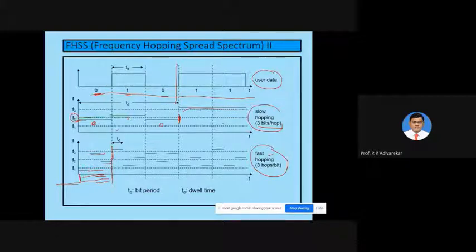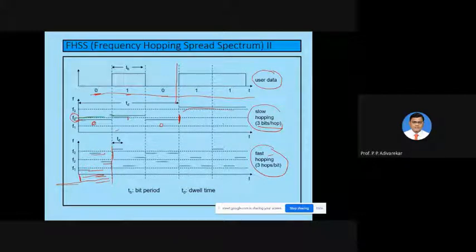The same bit follows this pattern: it starts with F1, then jumps to F3, and then to F2. These patterns are generated by the pseudo noise sequence, and this is known as fast hopping, where 3 hops are taken for a single bit.